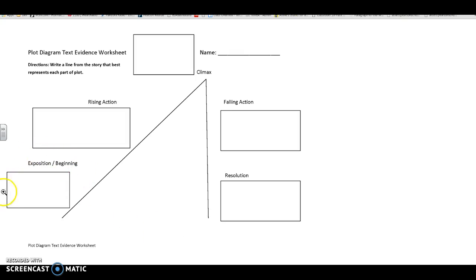First of all, we know the exposition down here is who are the characters, the main characters, the setting, and what conflicts they experience. One of the things that I'm noticing kids doing is, instead of moving from the exposition to the climax and working their way backward, they're just putting one event along here for the rising action.